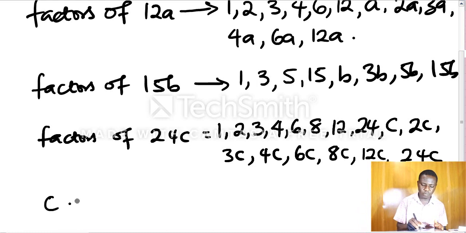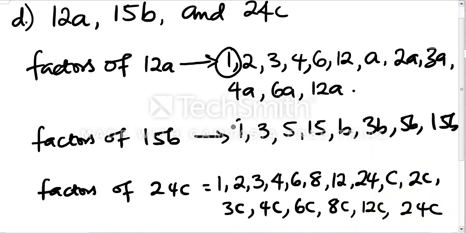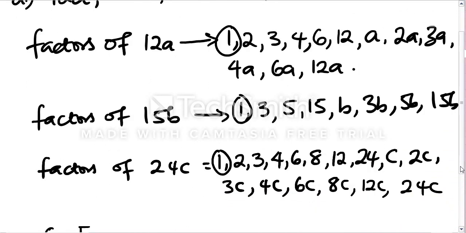What are the common factors of these three? Common factors now include 1, is there. 2 is not a common factor. Do we have 3? Yes. 3 is a common factor. Do we have 4? No, 4 is not a common factor. Do we have 6? 6 is not a common factor. Do we have 12? 12 is not a common factor.